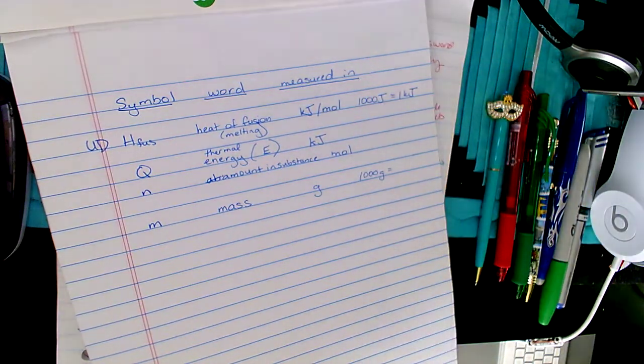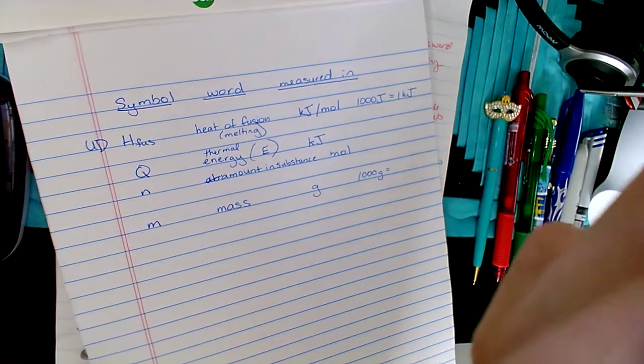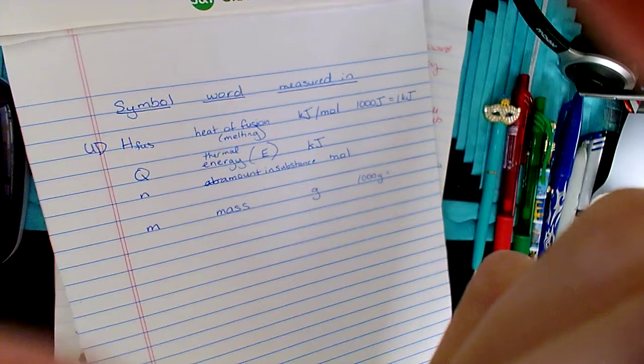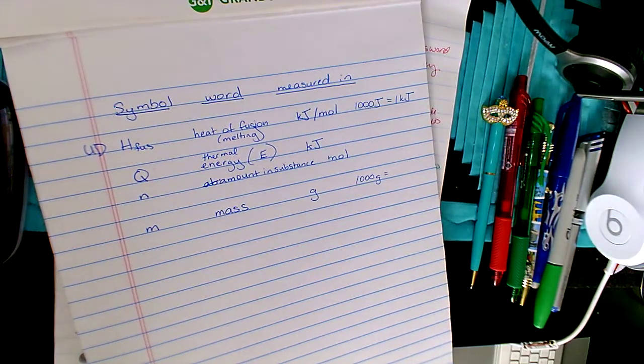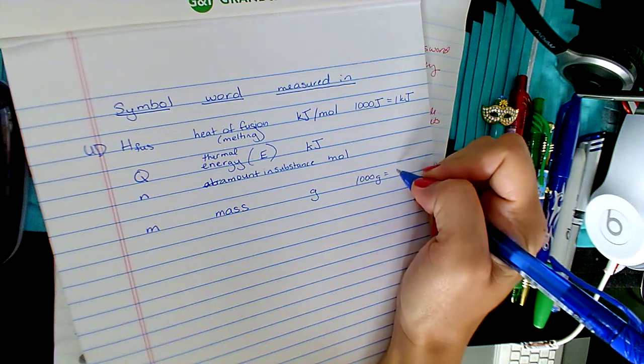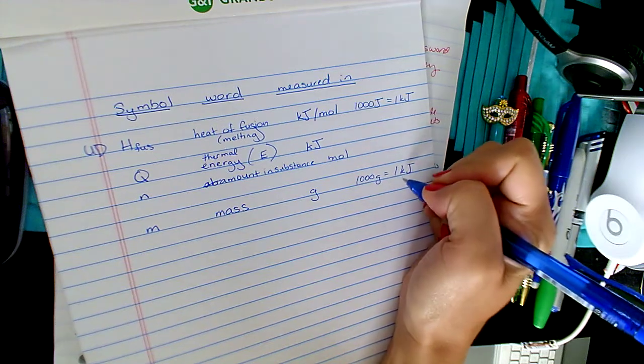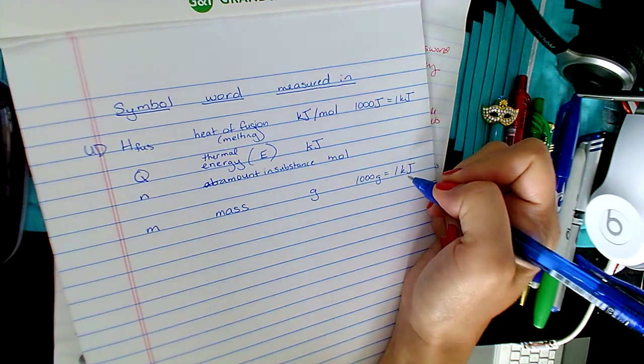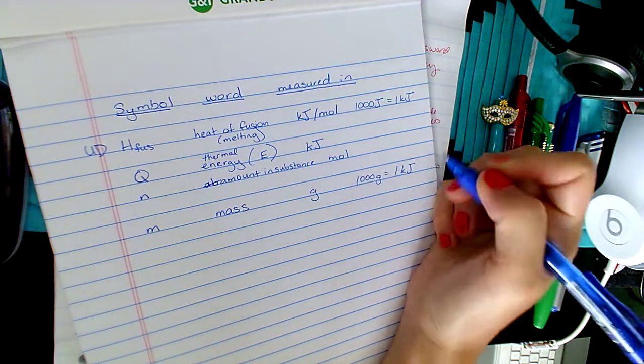It matters whether you use capitals or lowercase letters here. Oh, let me focus that a little better. Isn't this cool? It's got a little focusing thing. So 1,000 grams is 1 kilogram. This little k is 1,000, and g is for grams.